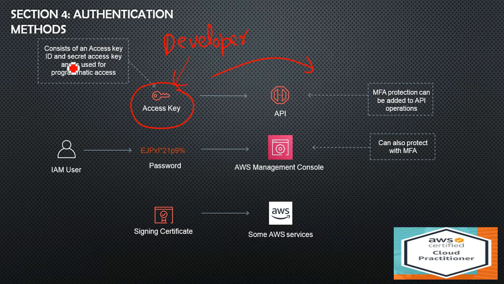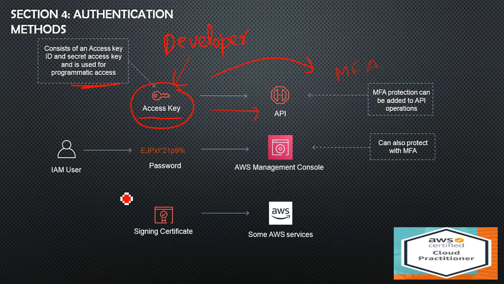It consists of an access key ID and secret access key, and is used for programmatic access. So you should know who needs this programmatic access and who doesn't. A developer might need programmatic access, and then he should have this access key, and then he uses this access key to make an API call to that service. MFA protection can be added to API operations. You can add multi-factor authentication here as well.